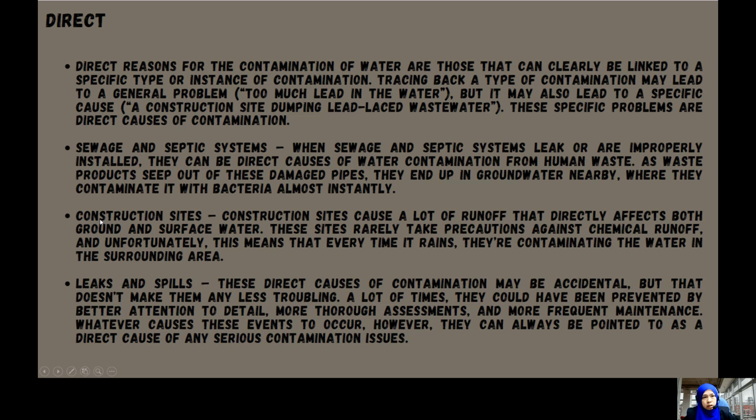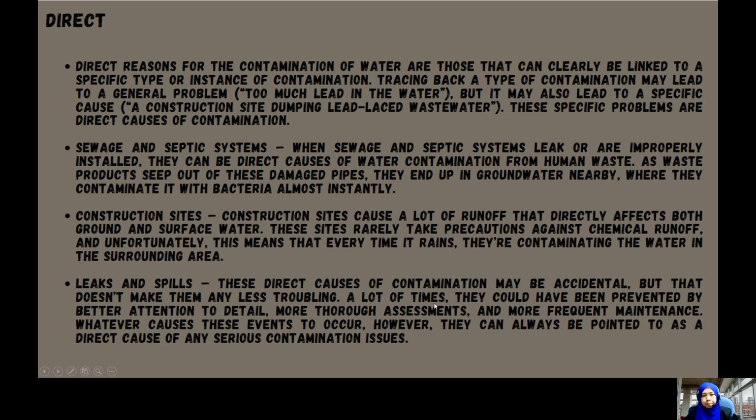Then construction sites are also one of the effects, one of the causes of polluted water. And leaks and spills. These direct causes of contamination may be accidental, but that doesn't make them any less troublesome.